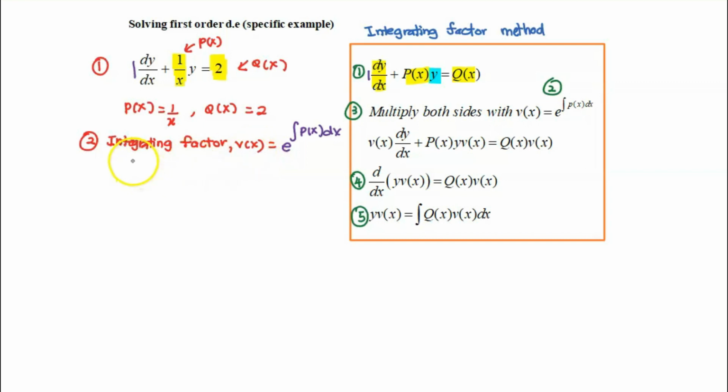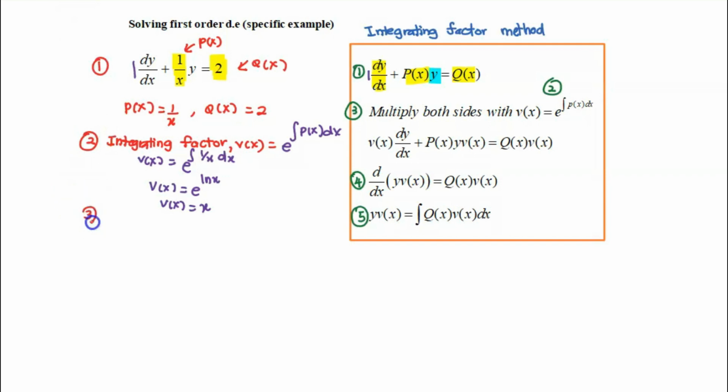So V of x equals exponent to the power of integral of p of x, identified as 1 over x, with respect to x. If we solve this, V of x is exponent to the power of ln x, and V of x can be simplified as x. Once V of x is identified, we can move on to the third step.